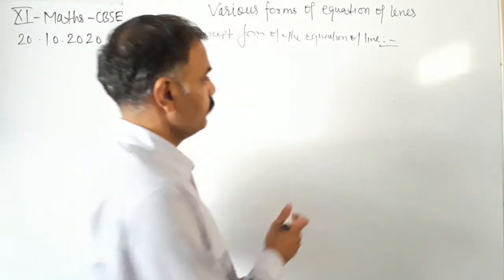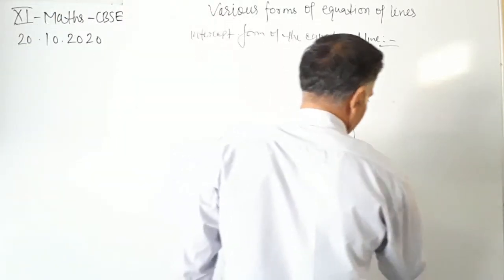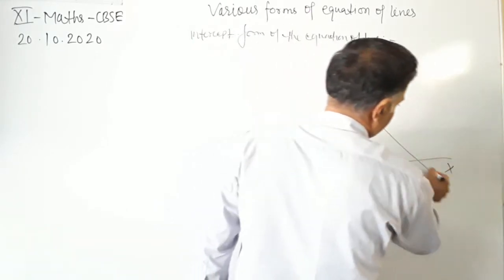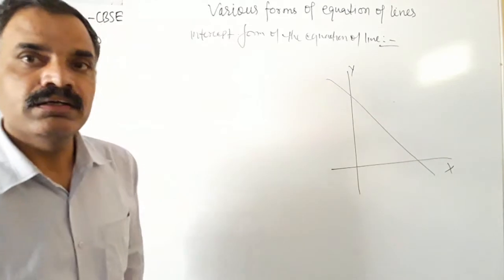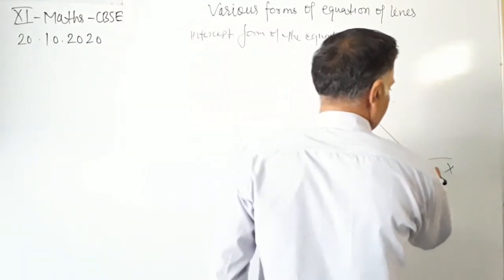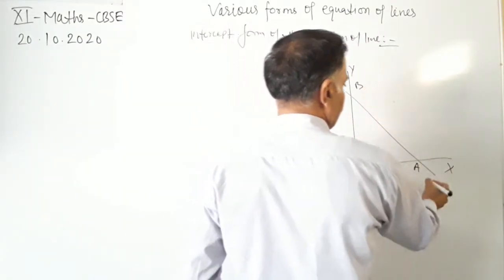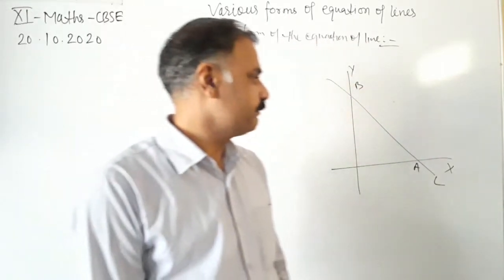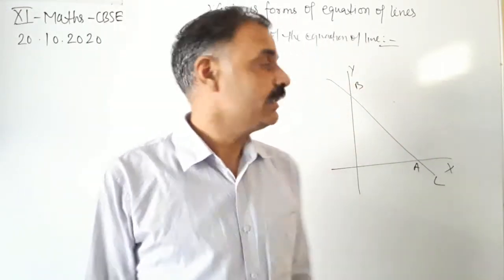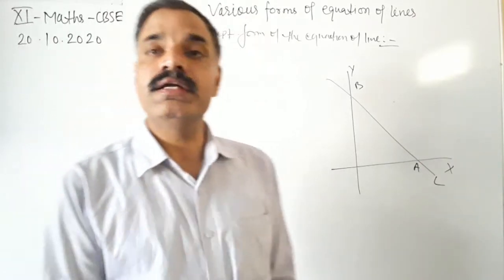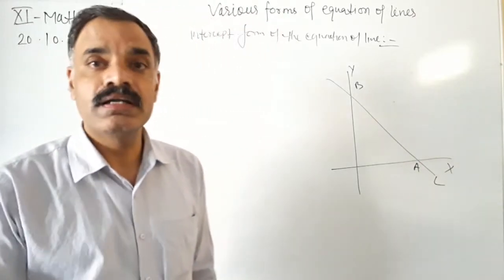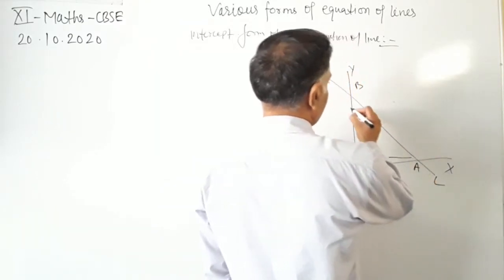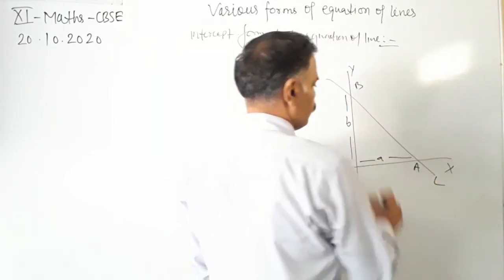So we have the x-axis, the y-axis and a non-vertical line L intersecting the x-axis at point A and the y-axis at point B, and having the intercept a on the x-axis and intercept b on the y-axis.